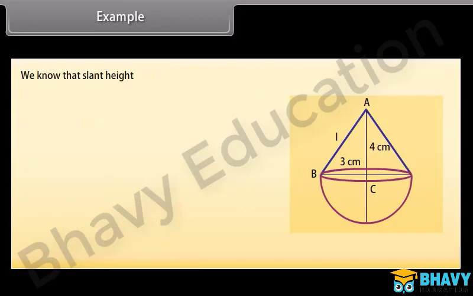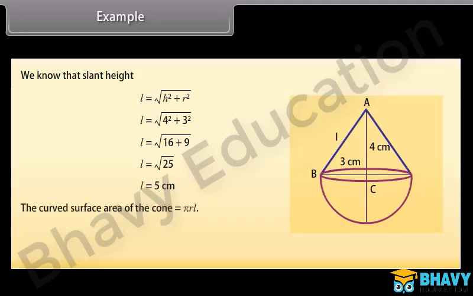We know that slant height l is equal to √(h² + r²), which equals √(4² + 3²) = √(16 + 9) = √25 = 5 cm. Now substituting the values of π, r and l, we get 3.14 × 3 × 5, which is equal to 47.1 cm².